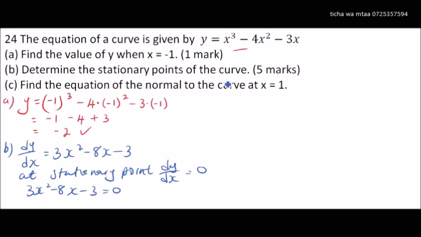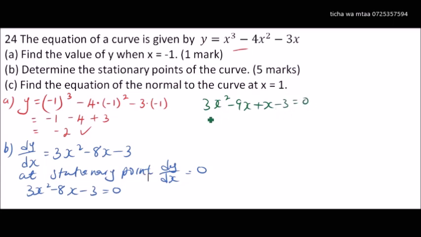You get two numbers such that when you multiply them, you get minus 9, and when you add them, you get minus 8. So we can rewrite our expression as 3x squared minus 9x plus x, and then we have minus 3 is equal to 0.